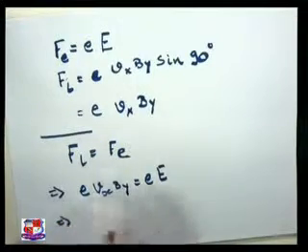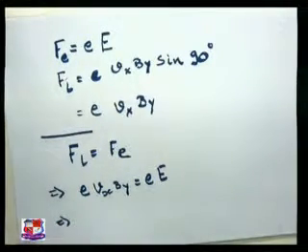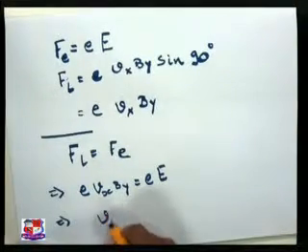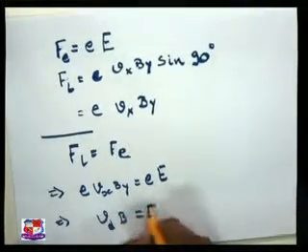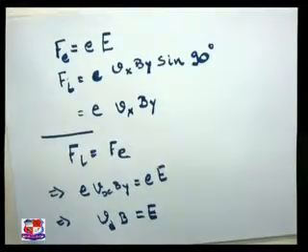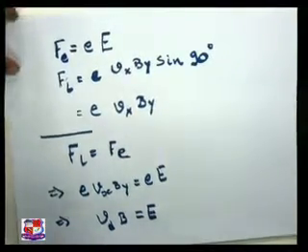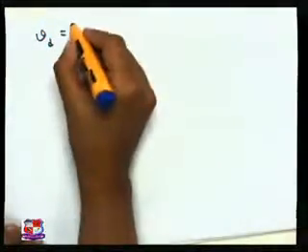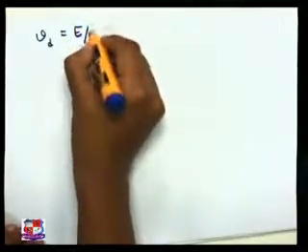Or in another way, if I don't consider the directions in the values, then we have Vd into B equal to E, right? Because e will be cancelled, and due to this we can have the drift velocity Vd equal to E by B.